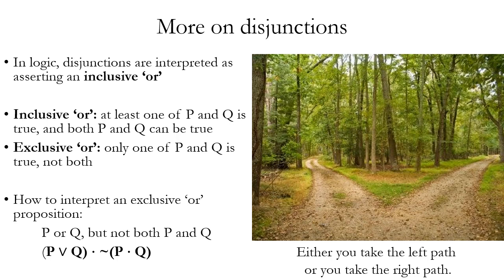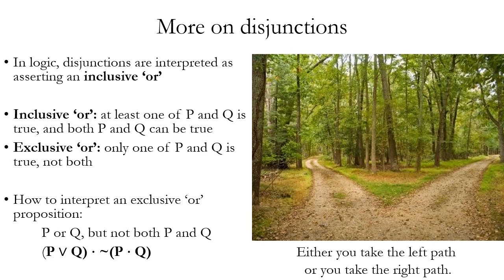This can be symbolized using logical notation with a wedge, a dot, and a tilde. We also have to introduce parentheses to remove ambiguity, since we have three operators that are joining propositions, one wedge and two dots. So the parentheses notation won't come up that often in this critical thinking course, but here we need it to remove ambiguity, to show that the dot in the center is the main operator.